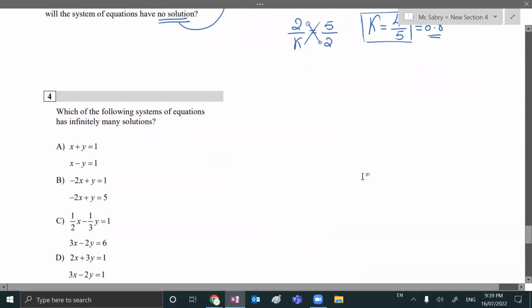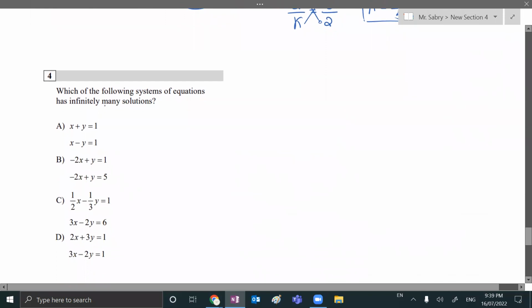After that, number 4, they have infinitely many solutions. Infinitely many solutions means slopes and intercepts are equal. So you check the slopes first and then you check the intercepts.